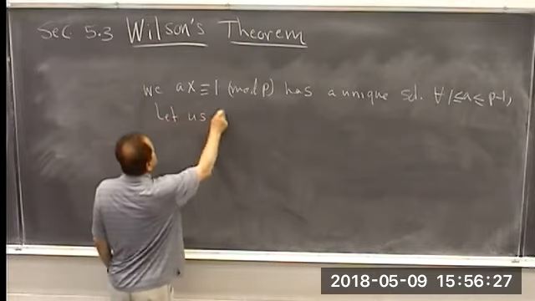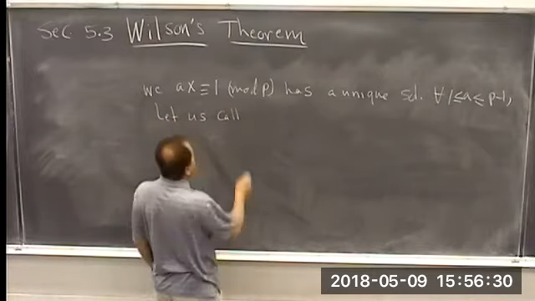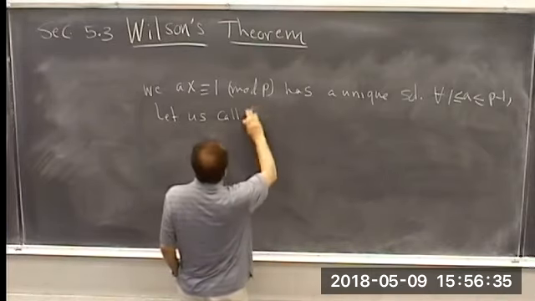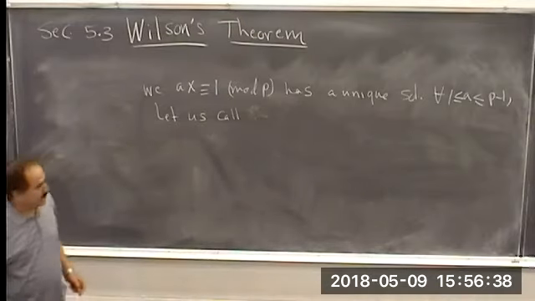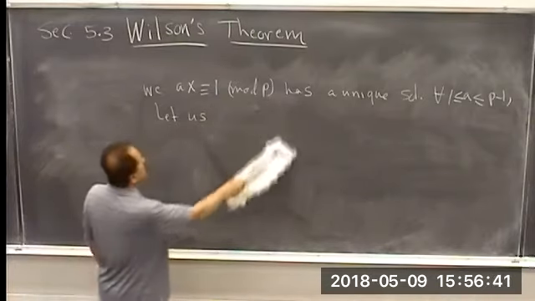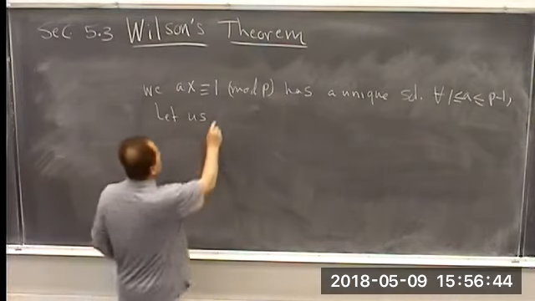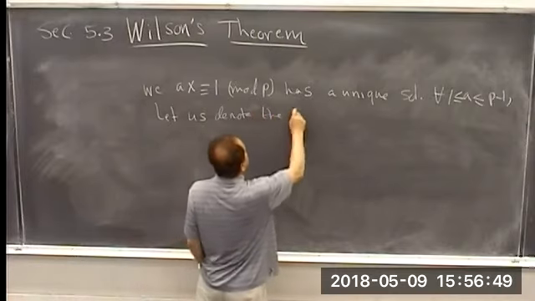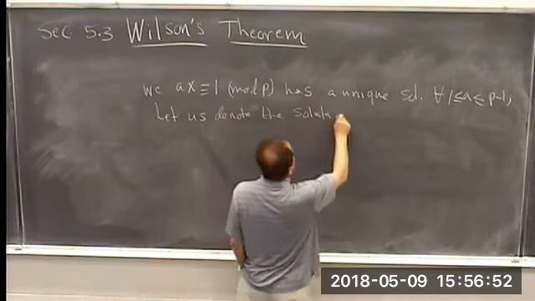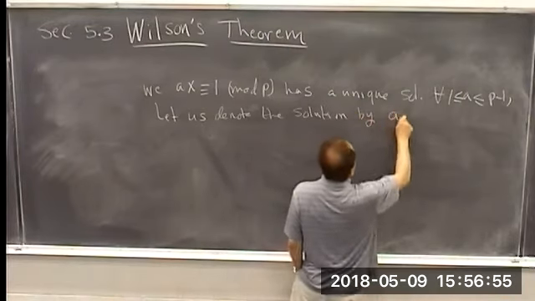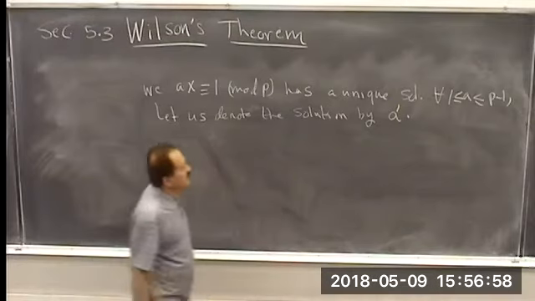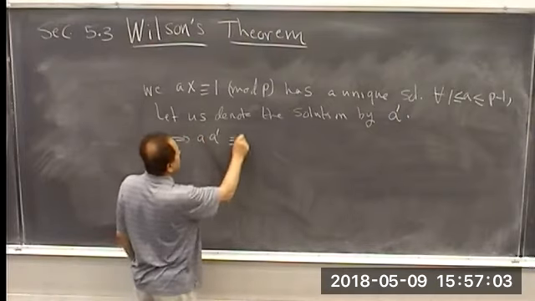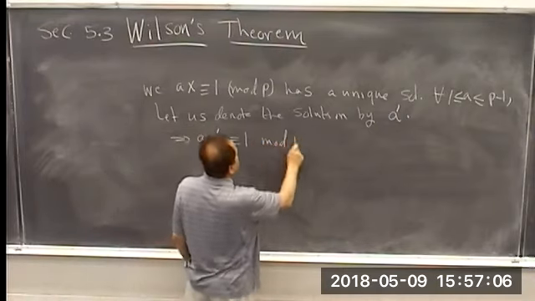Let us denote the solution that corresponds to a, so it's unique, by a prime. So this means we have a times a prime congruent to 1 mod p, satisfying the equation.